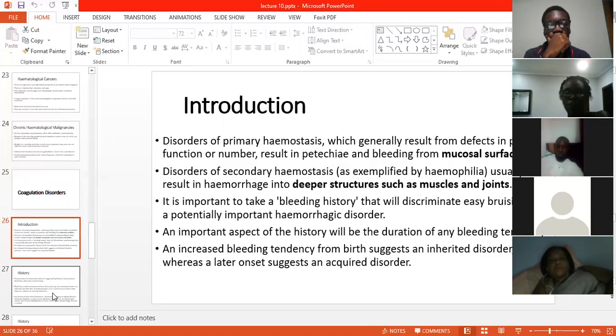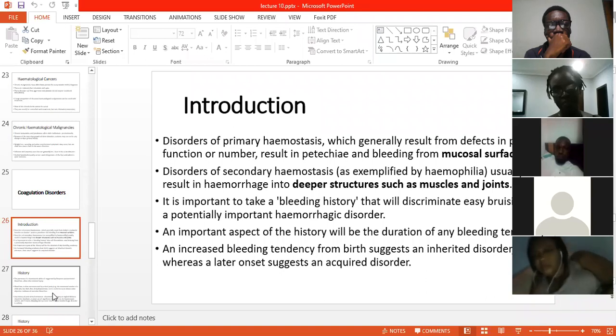And then disorders of secondary hemostasis. I don't know if you've done primary and secondary hemostasis in physiology. That would help you understand. Okay, so let me explain what primary and secondary hemostasis is. When something cuts your hand or your leg, you have a primary process which deals with the blood clotting, and that usually involves platelets at the scene of the cut.